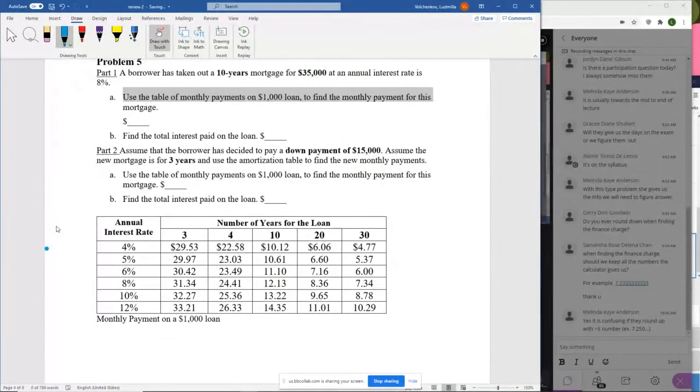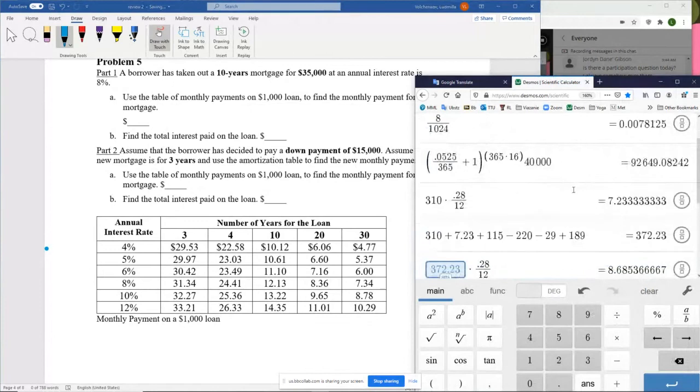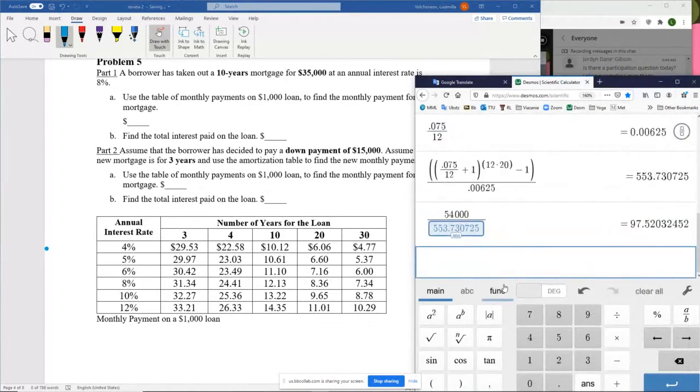A borrower has taken a 10 years mortgage for 35,000 and the annual interest rate is 8%. Use the table of monthly payment for 1,000 loan to find the monthly payment on this mortgage. This is pretty simple from the point of view of mathematics.